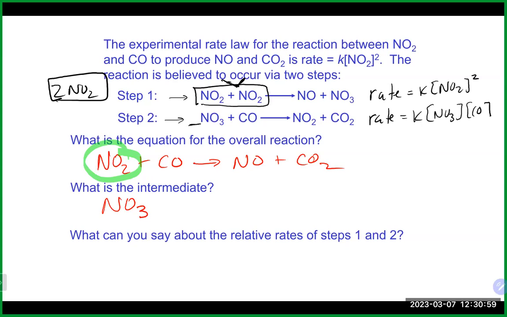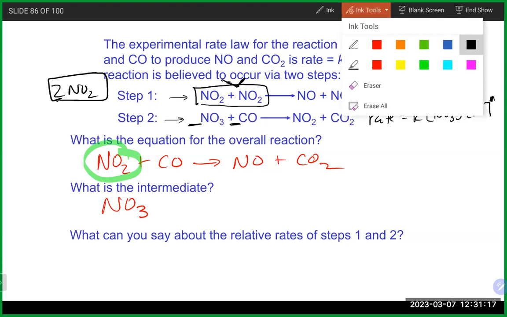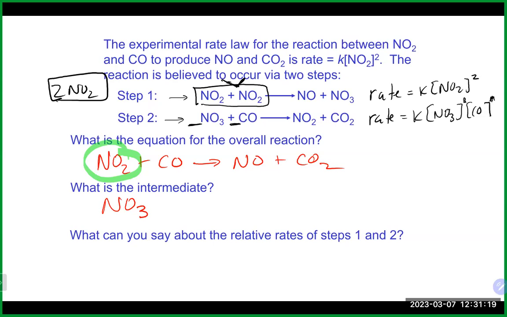So that is 1 for the coefficient here, so that's basically NO3 to the first order. And this is also 1, so that would be CO to the first order as well. So it kind of looks like 1 and 1 now. Other questions on that?